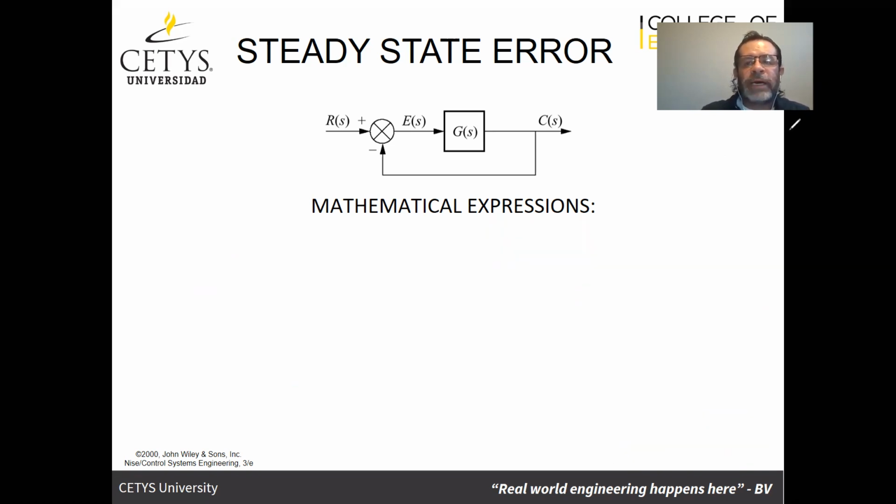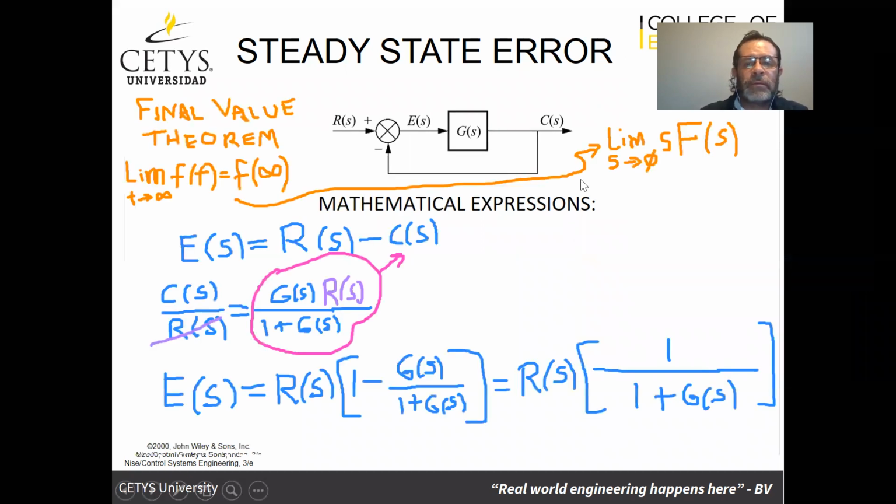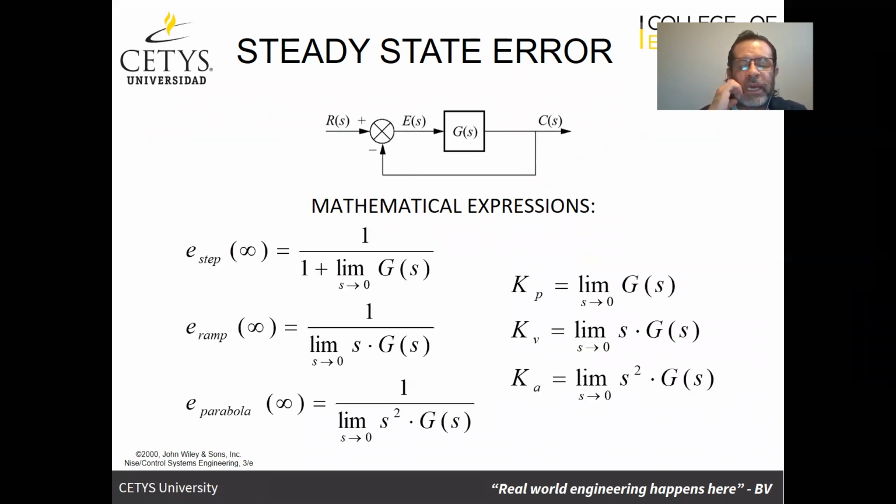If we go back over here and look at the mathematical expressions that we have for each case, we've got the ramp and the parabola, and for each case, we're going to have expressions like we've been finding up to this point. We could also do the parabola. We're going to get the same result, except that instead of having an S, we're going to have an S squared.